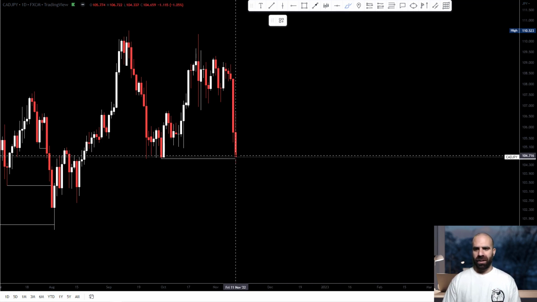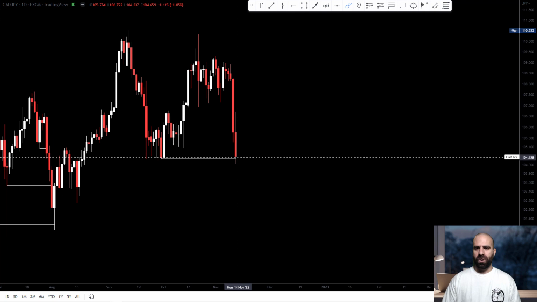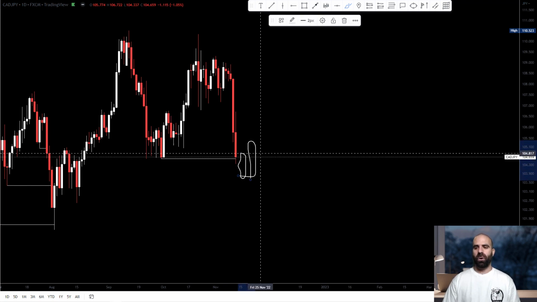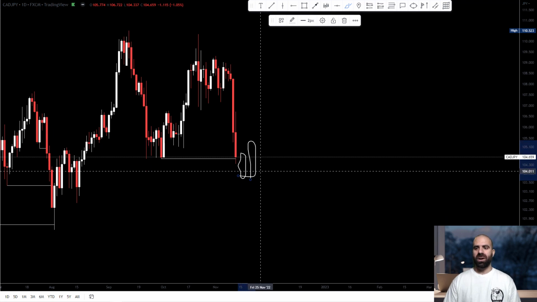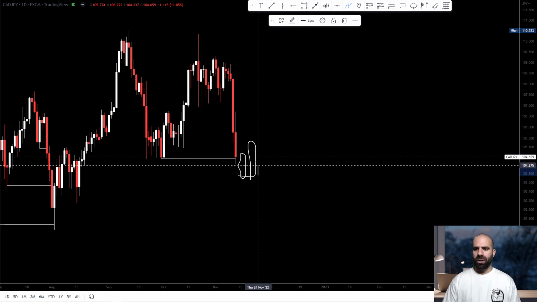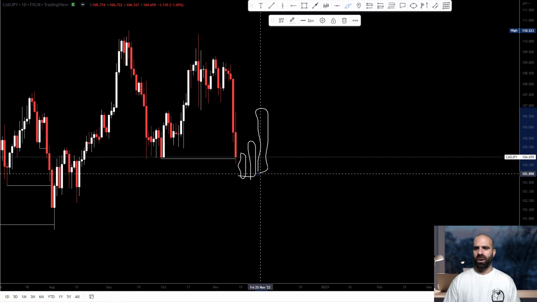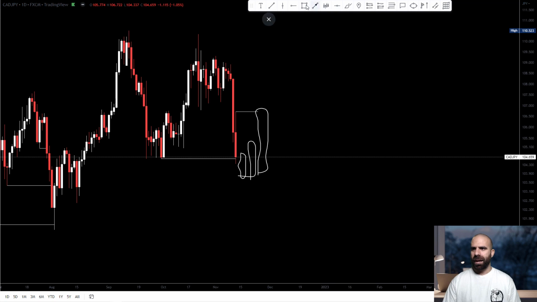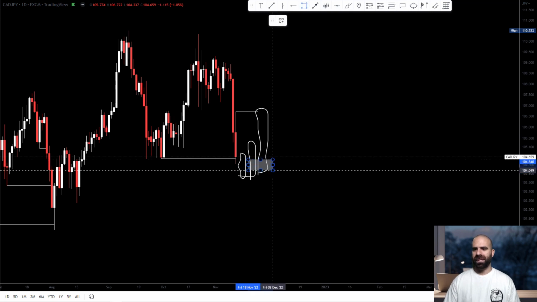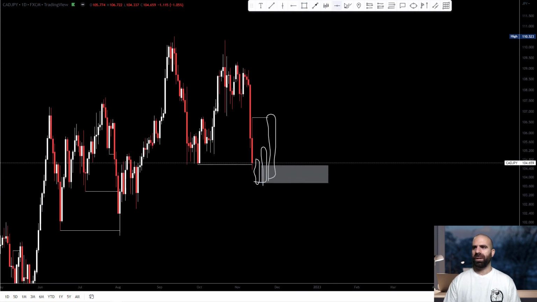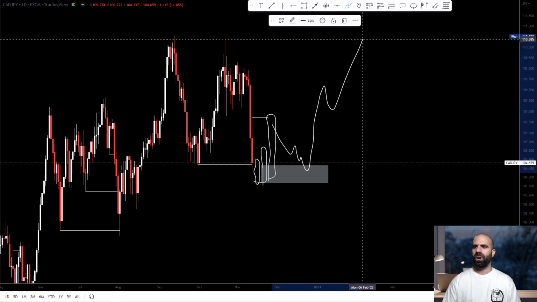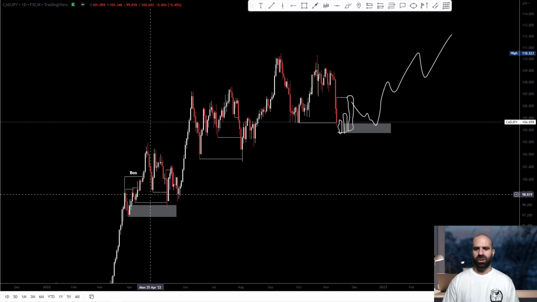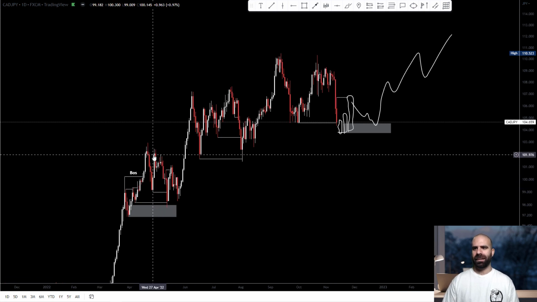It is very possible that this is gonna leave a wick, okay, or even if it closes towards the downside and then we follow with a strong bullish candlestick, what you can do, you can identify what we saw previously, an intermediate break of structure and then now a retest of this last order block so that we continue with the overall uptrend. My bias is still towards the upside, so you can expect what happened right here.